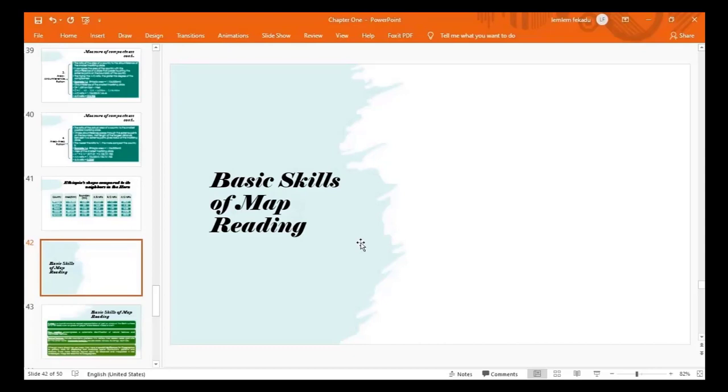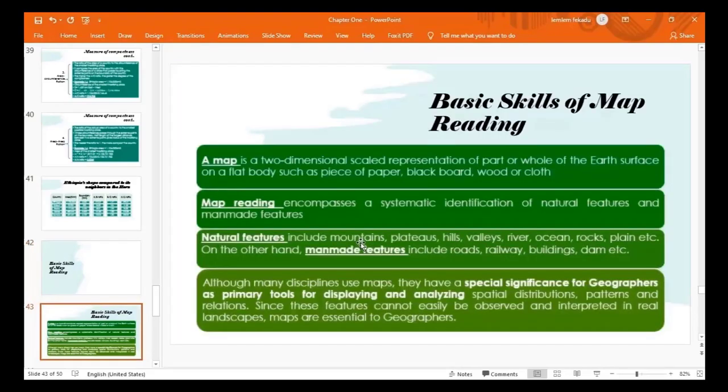The last major point of this chapter is the basic skills of map reading. In this part we'll see what a map is, the elements of a map, and other important points regarding map reading.